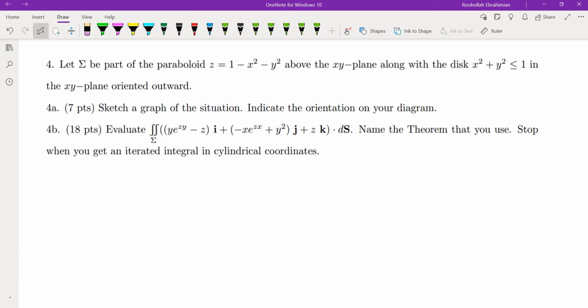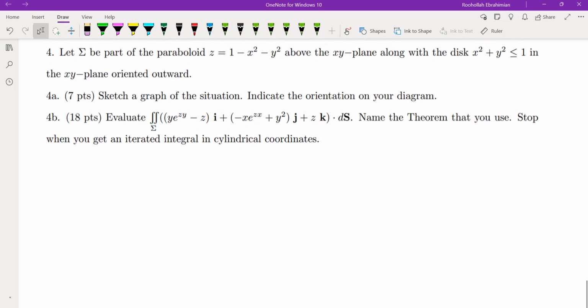Okay, so next, let sigma be the part of the paraboloid z equals 1 minus x squared minus y squared above the xy plane. So let me draw a diagram as usual. Even if they hadn't asked me, I would draw it. So it is this paraboloid.